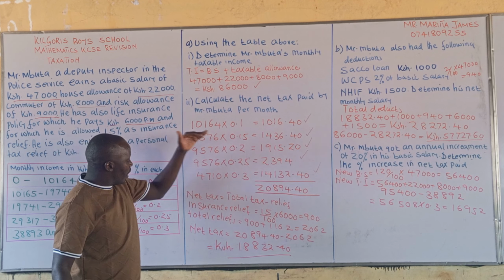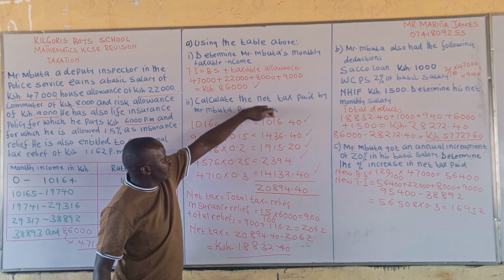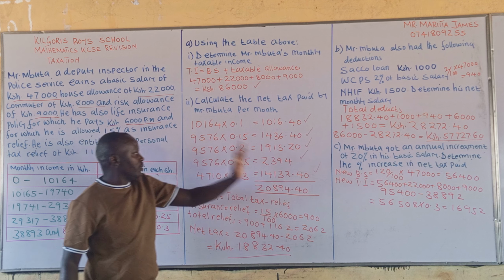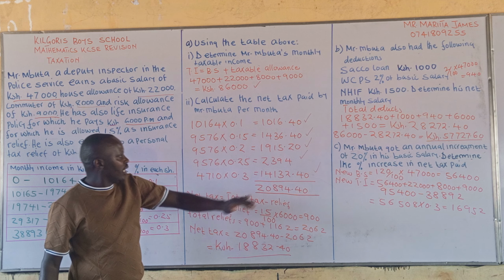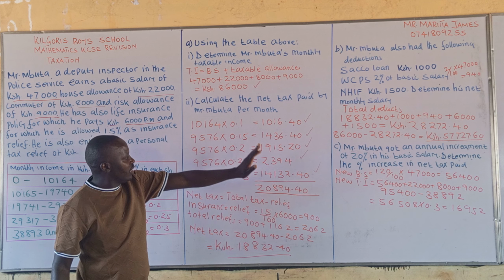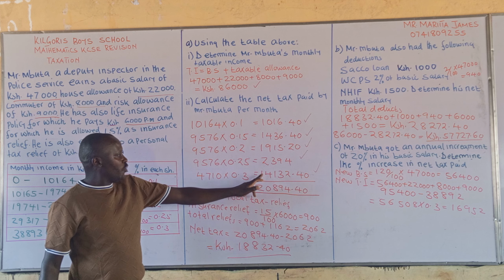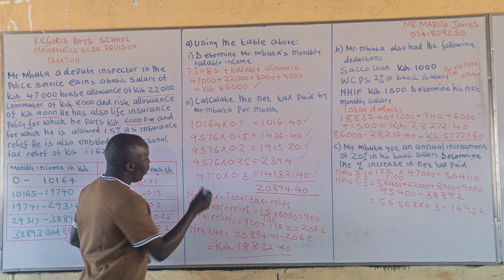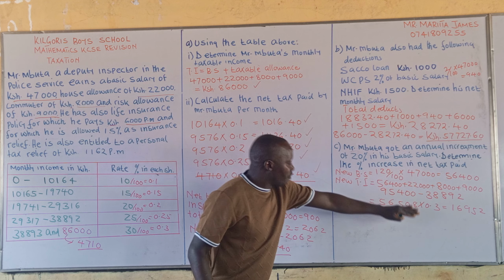Now we should have our new net tax. You take 10,116.40 plus 1,436.40 plus 1,915.20 plus 2,394, plus 4,710, and then the value where we taxed 56,508.